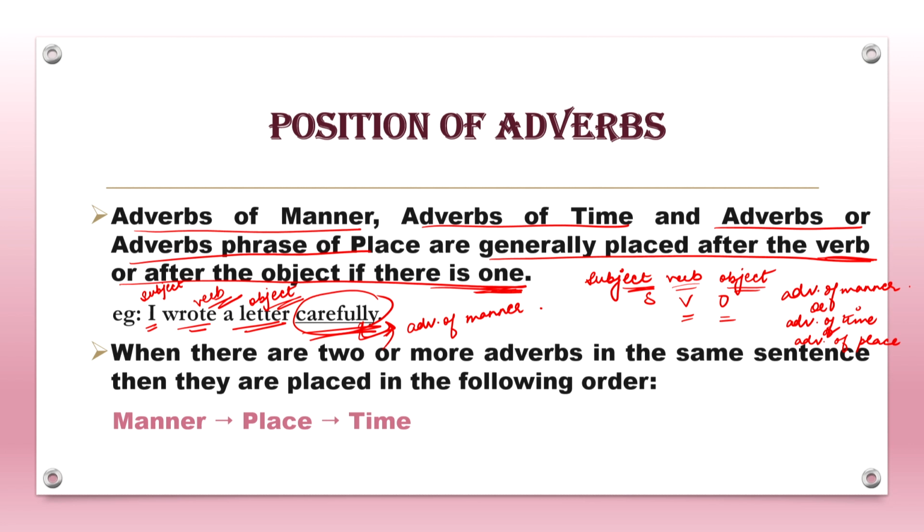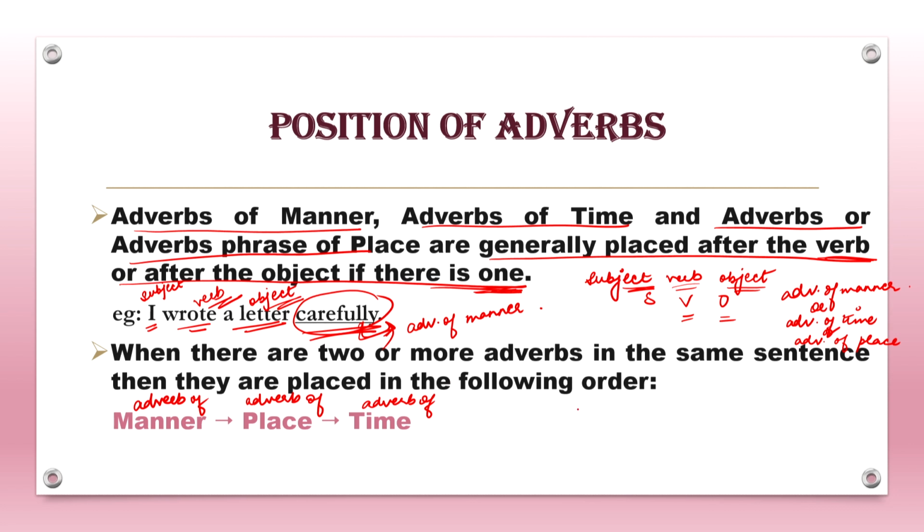Now, next, when there are two or more adverbs in the same sentence, then they are placed in the following order. First comes your adverb of manner, then your adverb of place and then your adverb of time.